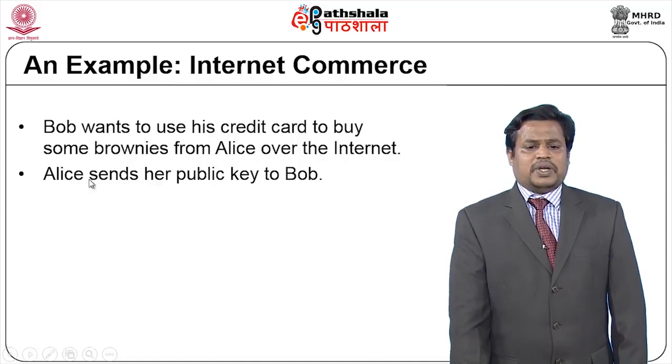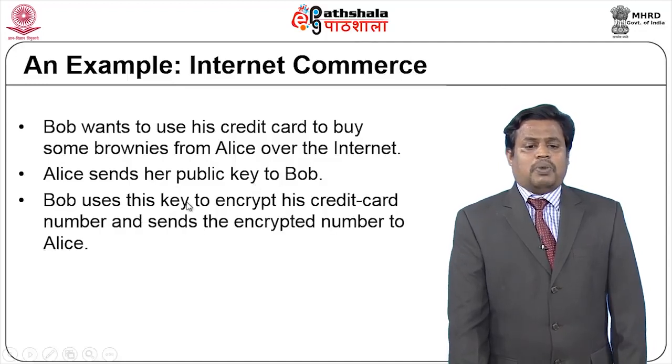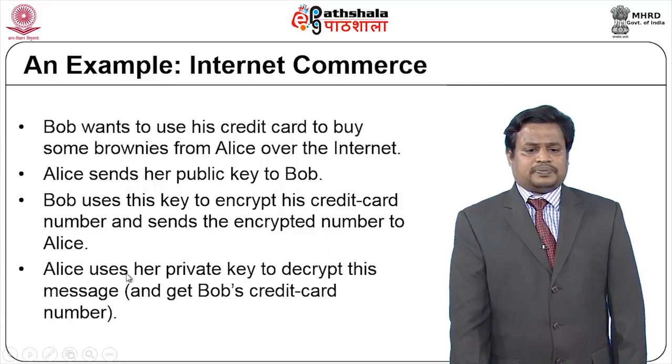Alice sends her public key to Bob. So, Bob uses the key to encrypt his credit card number and sends the encrypted number to Alice. Alice uses her private key to decrypt this message, so she gets Bob's credit card.